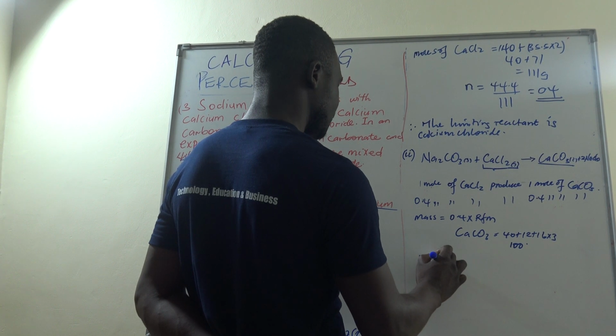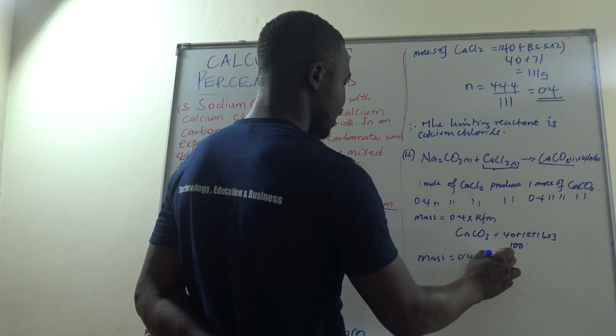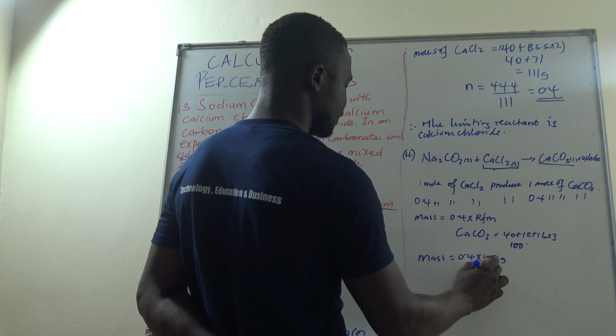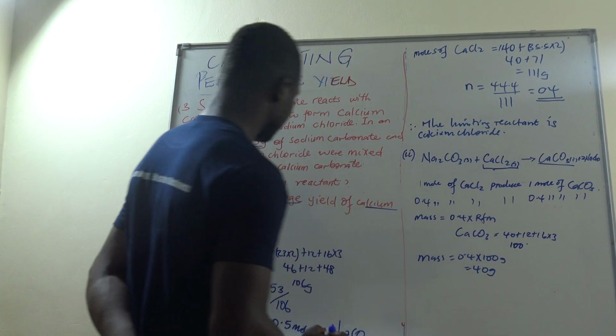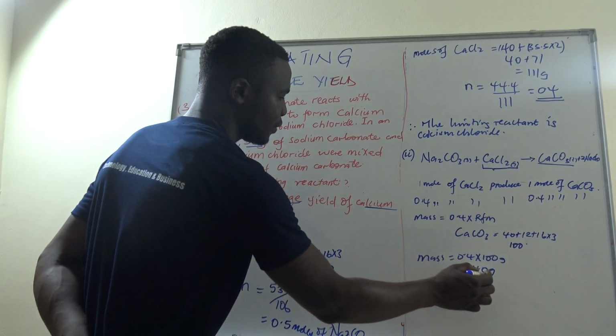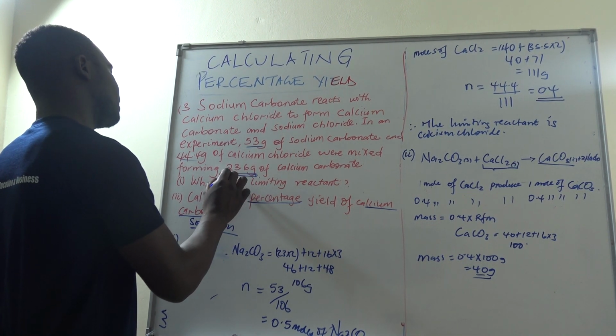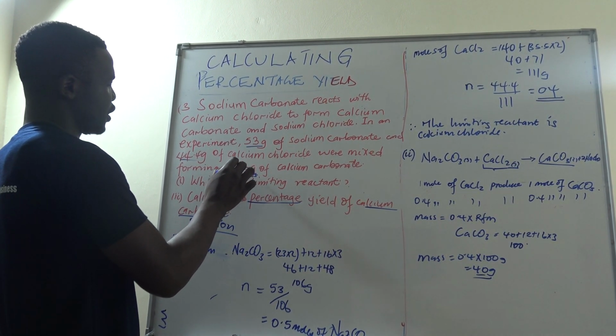So our mass here is going to be 0.4 times 100 grams. This gives me 40 grams as my theoretical yield. 40 grams is what I've calculated as the theoretical yield, but the actual yield in the question is 23.6.